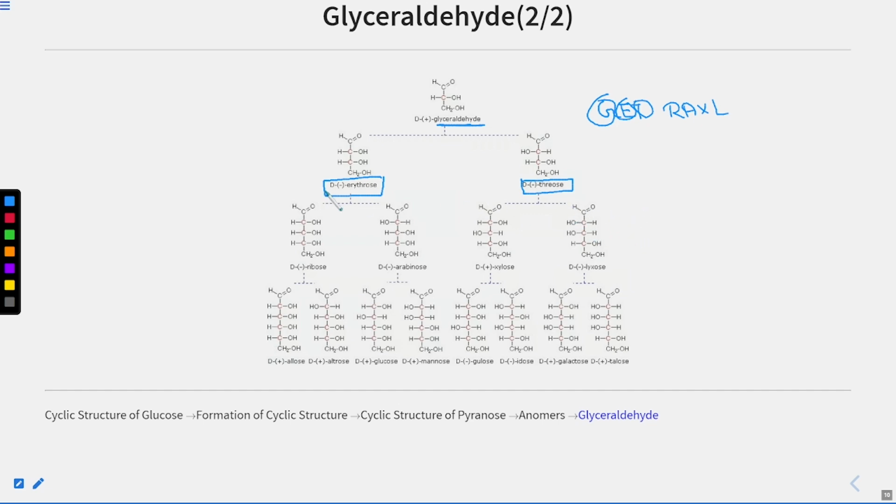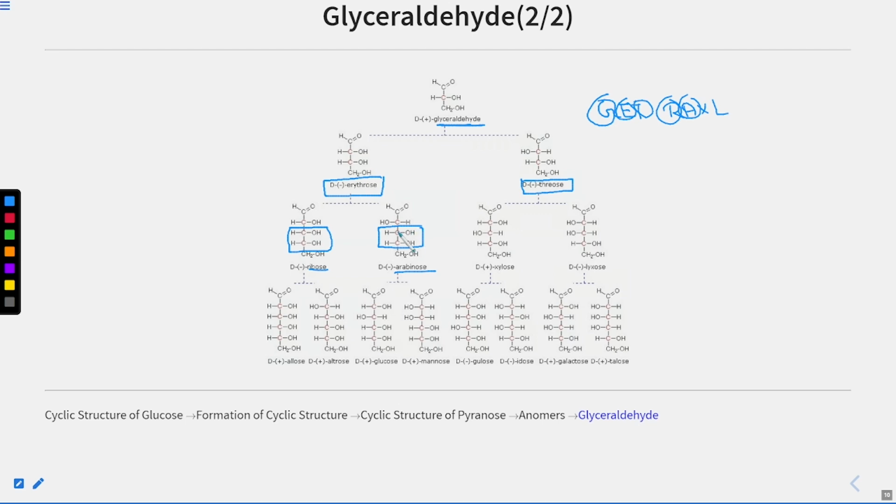Now next, if we move down to erythrose, we have ribose and arabinose that come from R and A of RAXL. So ribose and arabinose. Again, we do not have to do anything with the remaining two carbons.